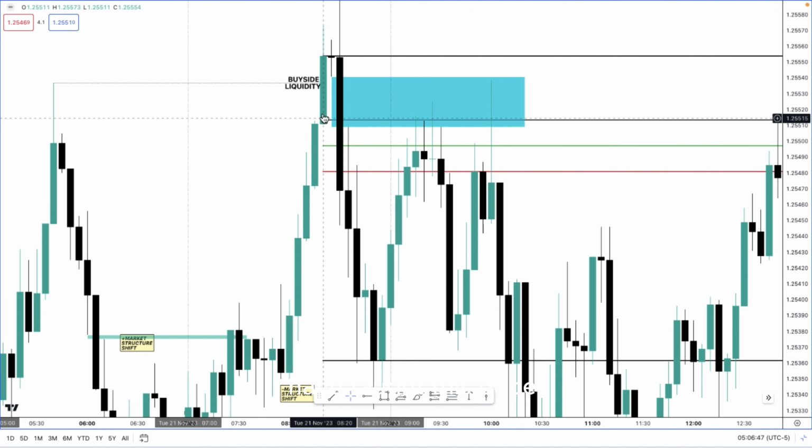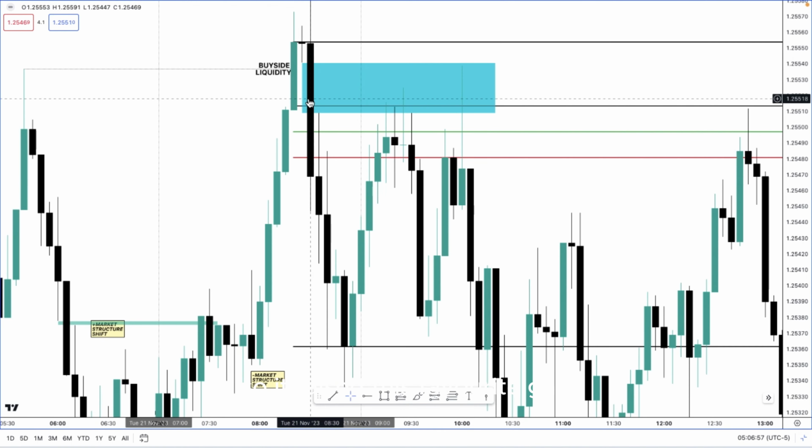I have taught this TUP. So that's a balanced price range, but I didn't plan on teaching it or talking about it for this video. So it creates this fair value gap. We have a swing low there after buy side liquidity has been taken. So buy side liquidity has been taken there. We have a swing low here that also gets taken out.